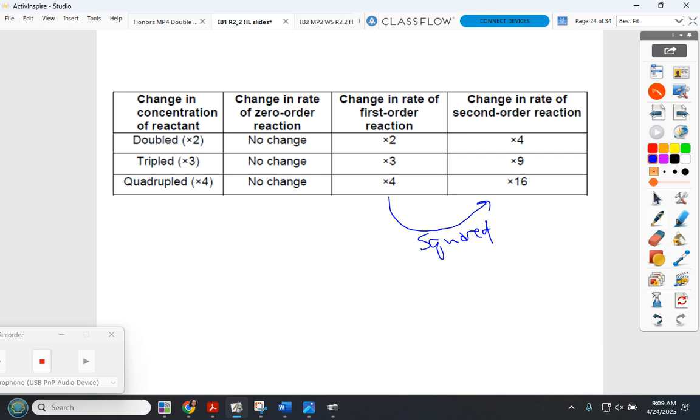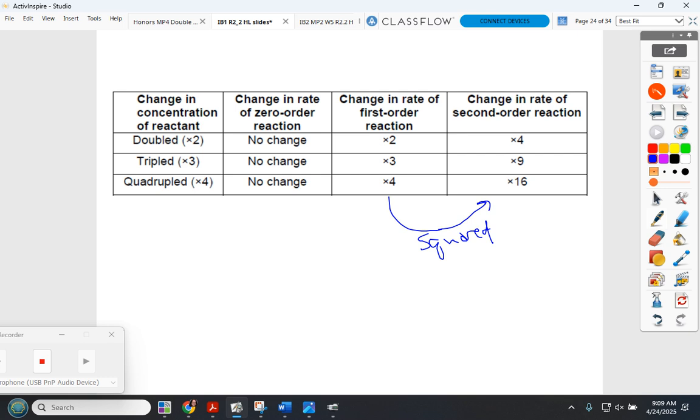And again, we're only going to go up to second order, and you're definitely not going to see anything higher than quadrupled most of the time. You're going to see doubled or tripled in exercises that you might need to do.